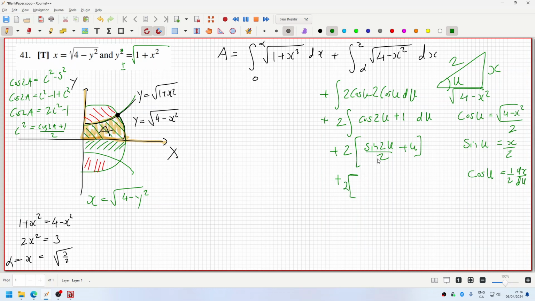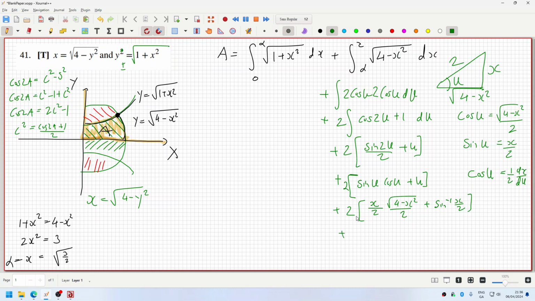And that becomes, no, don't multiply just yet, because sine 2u is 2 sine u cos u. So that's sine u cos u plus u. So that's 2, and then sine u is x over 2, and cos u is root 4 minus x squared over 2, plus u. And u is sine inverse x over 2.